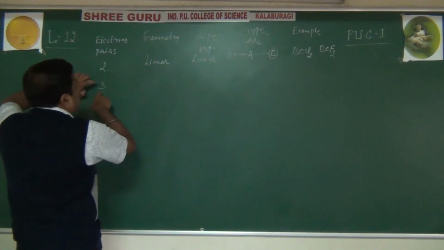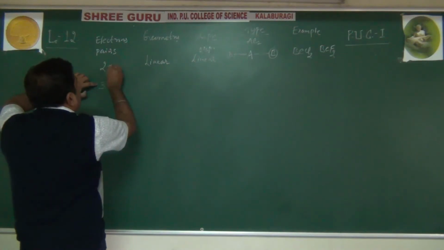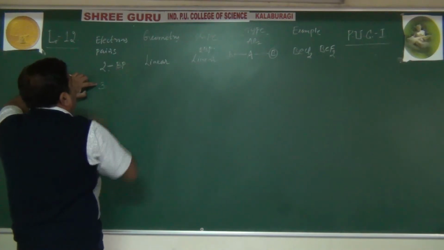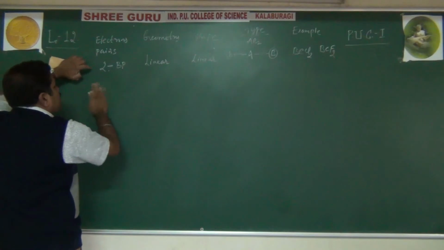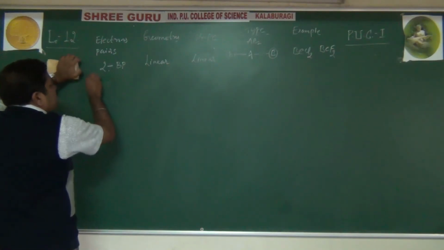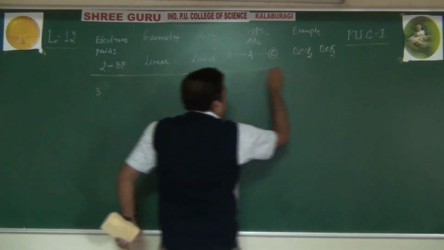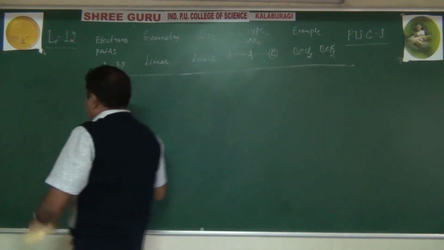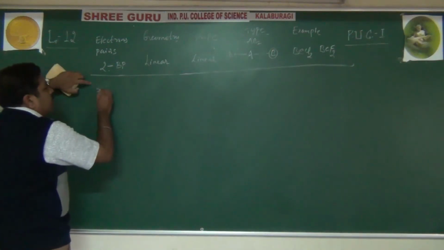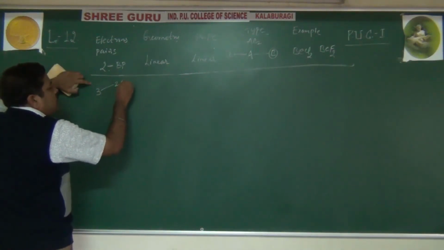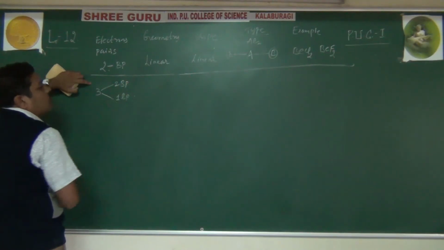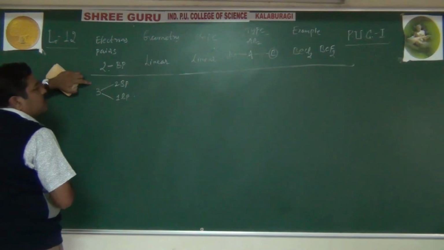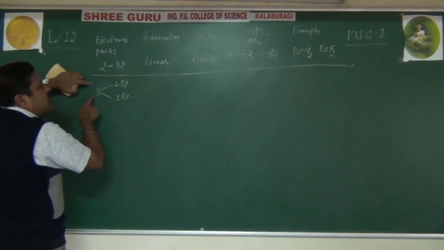Out of three, if all are bonding pairs, here will write this. Now if it is three, the first part is completely over. If there are three, out of these three, two bonding pairs and one lone pair. See, the total number of electrons is 2 plus 1, 3 only.